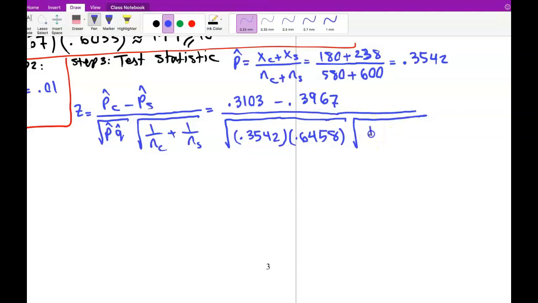Okay, then multiply by 1 over 580 plus 1 over 600. Okay, so the answer is negative 3.10.